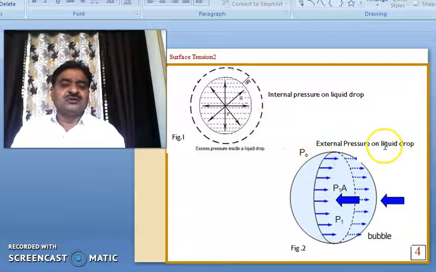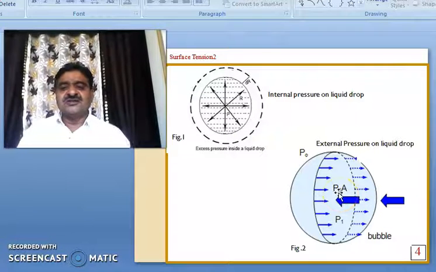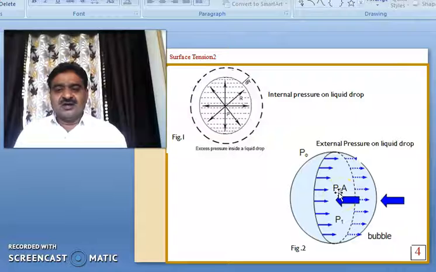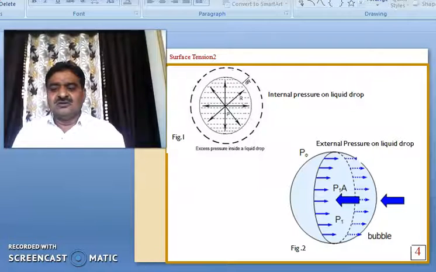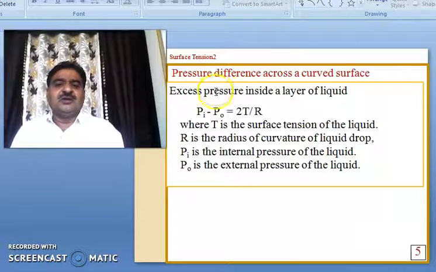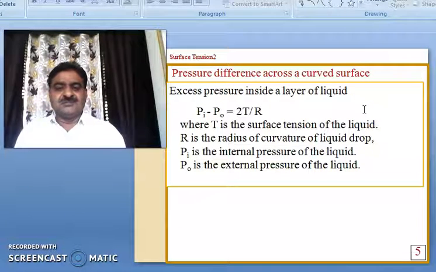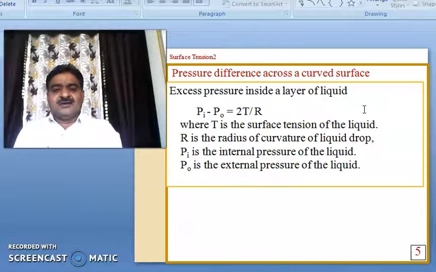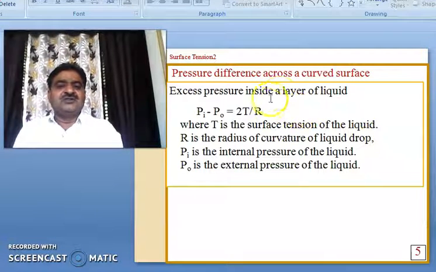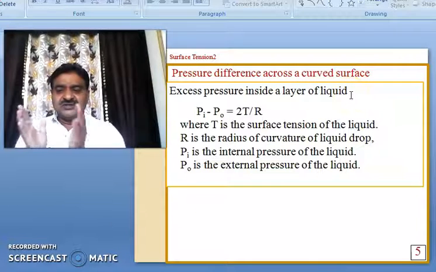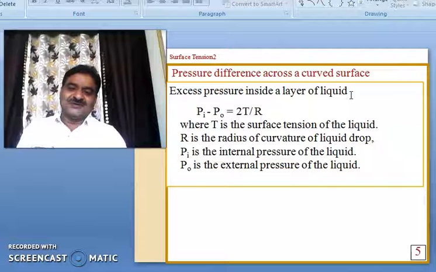Suppose PO is the external pressure and PI is the internal pressure. The surface tension is either T, gamma or S, we can utilize. Here is the concept of pressure difference across a curved surface: excess pressure inside a layer of liquid. The layer which is inside has excess pressure.